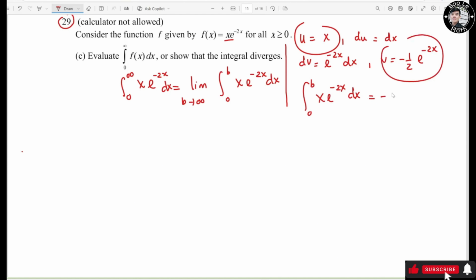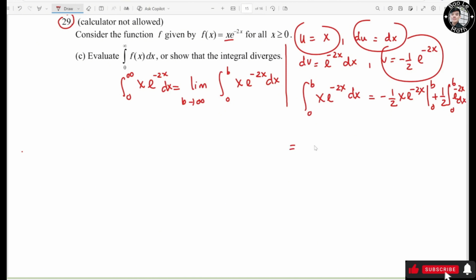It's going to be -1/2 s e to the -2s evaluated from 0 to b minus the integral of v du, which is going to be right here. So plus 1/2 integral from 0 to b of e to the -2s ds, right?